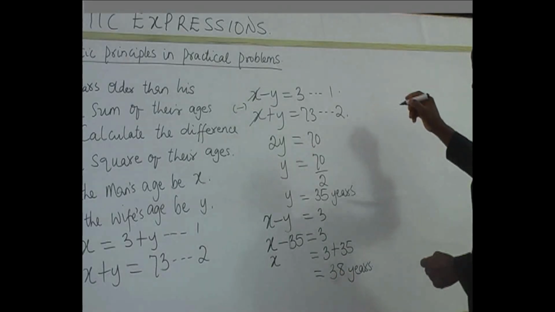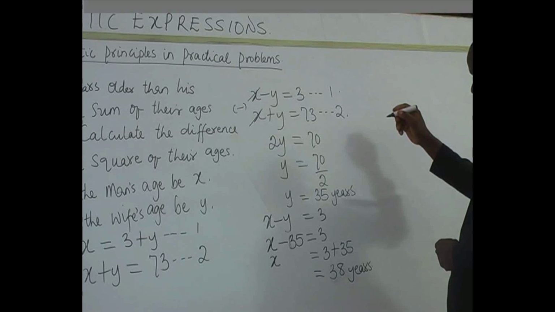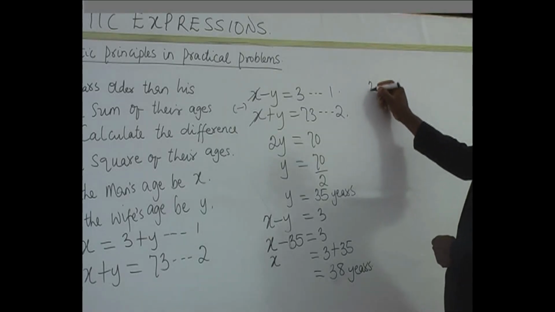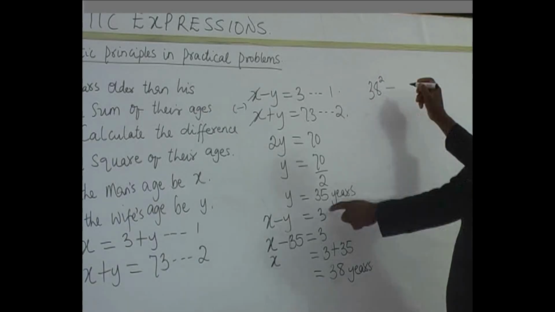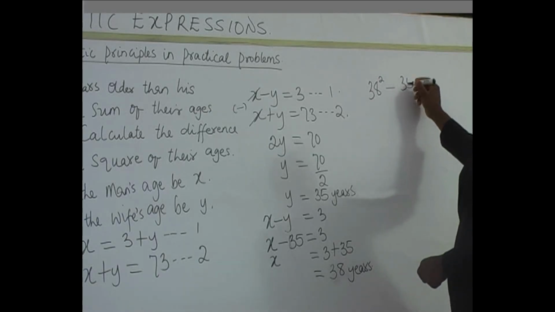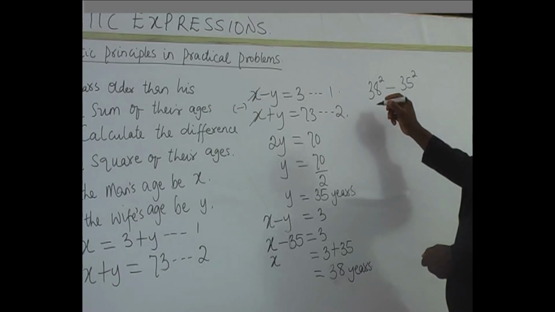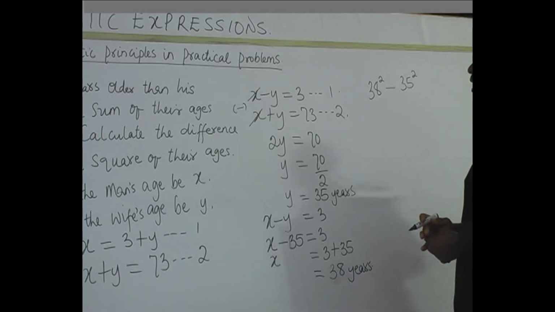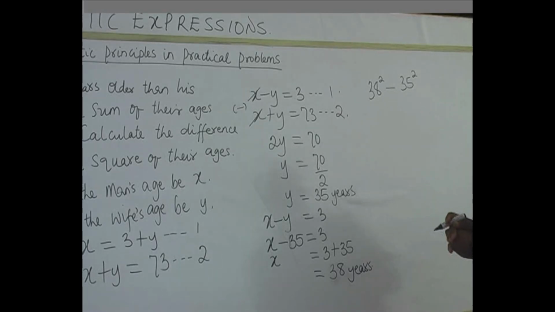The square of the man's age and the square of the woman's age will now be 38 squared, 35 squared.